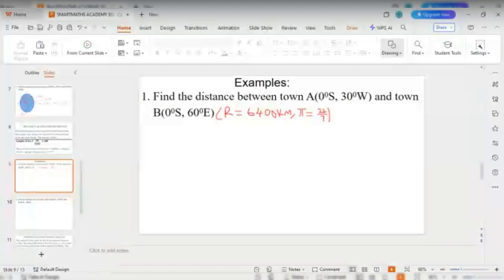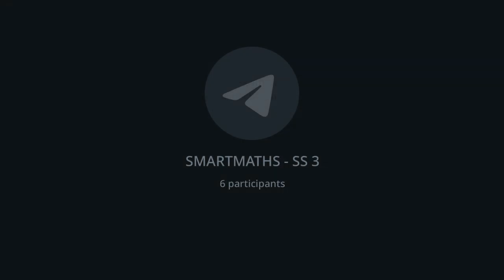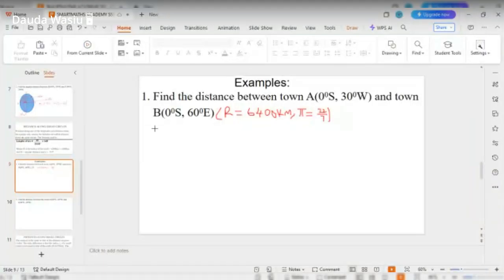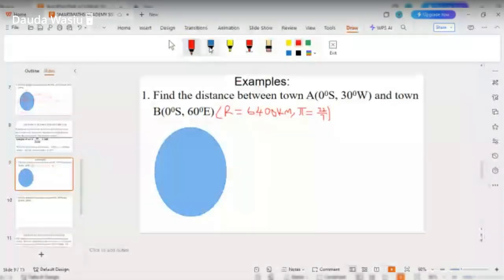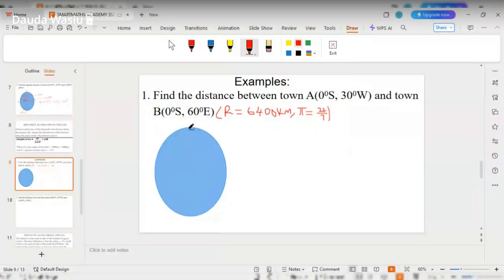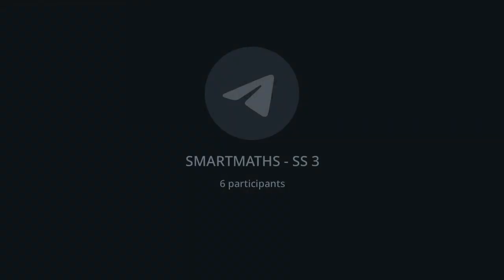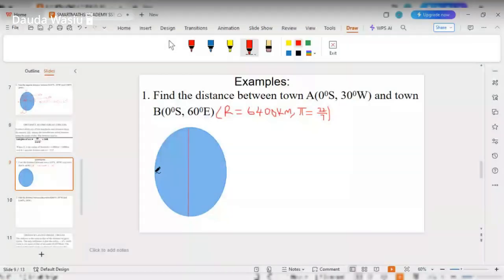To locate the points on the Earth surface, we have the vertical line, which is the axis of the Earth. Then we have the equator.